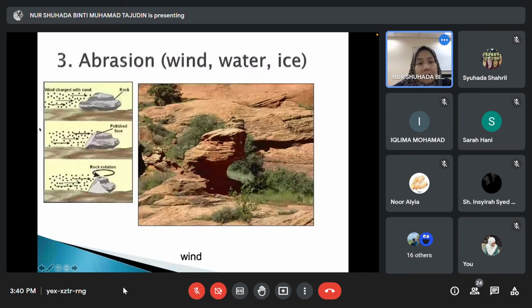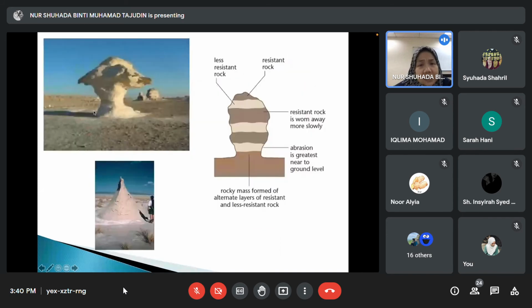This is the real picture of the rock formed by the abrasion process. If you see the smaller part here, that is because of the velocity, the speed of the wind hitting it, constantly colliding with the big rock.